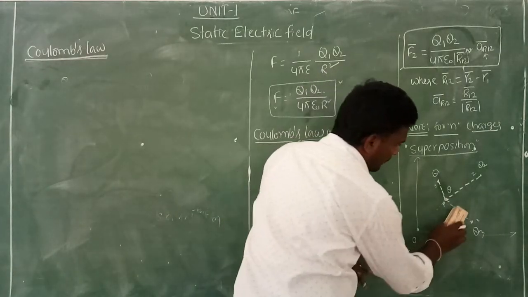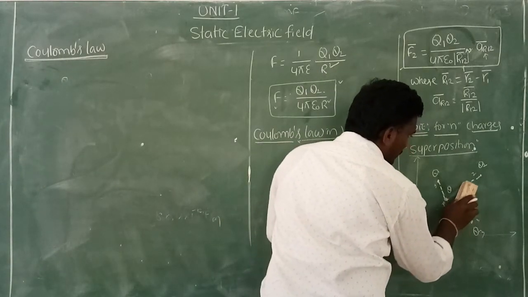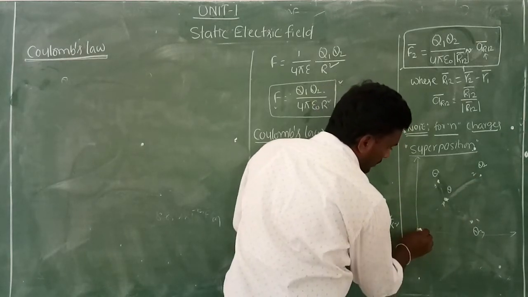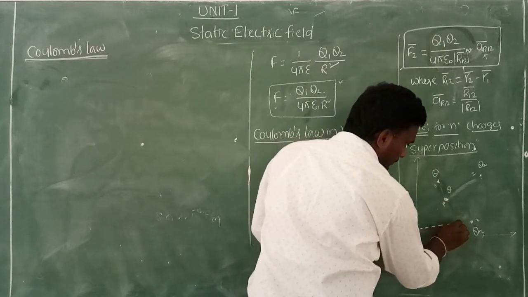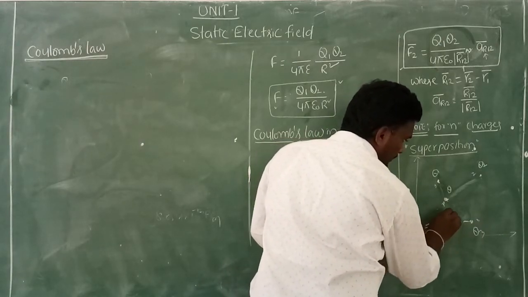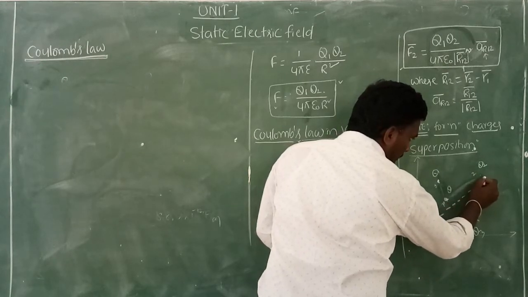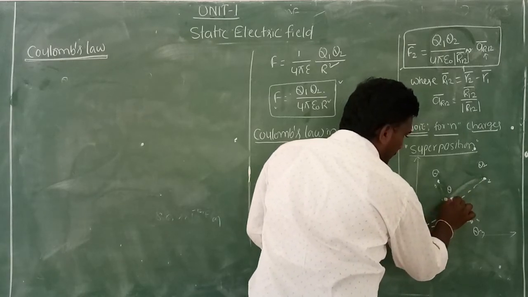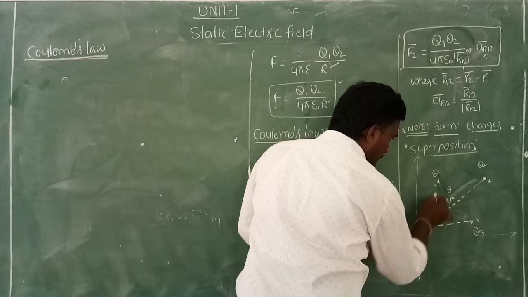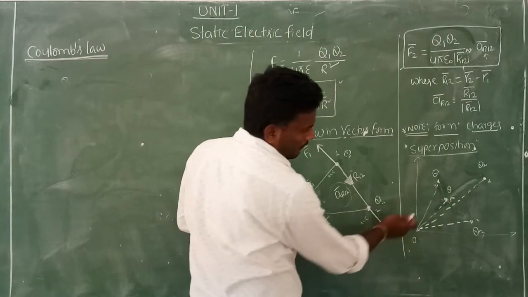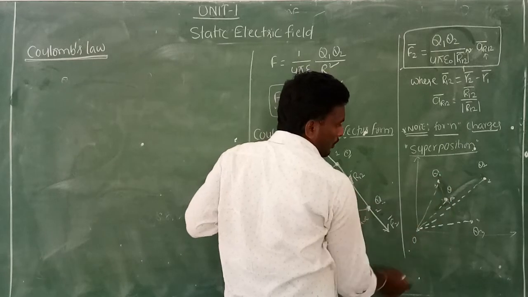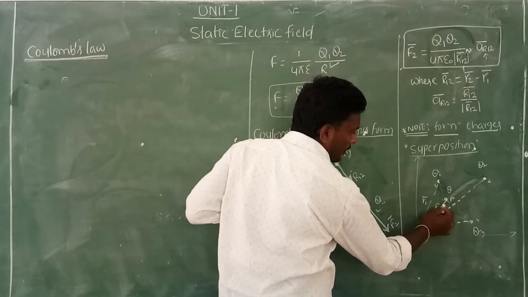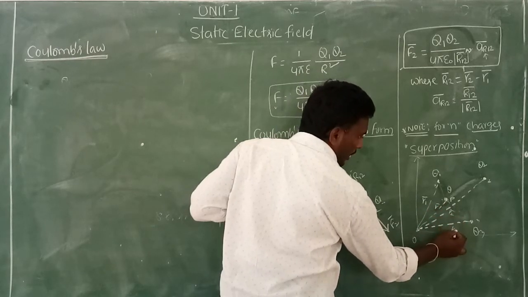The position vectors should be drawn from the origin, not from the point. This is point P. Your charge of magnitude q1 is at a distance of small r1 bar from the origin, and it is r2 bar, and it is r3 bar.